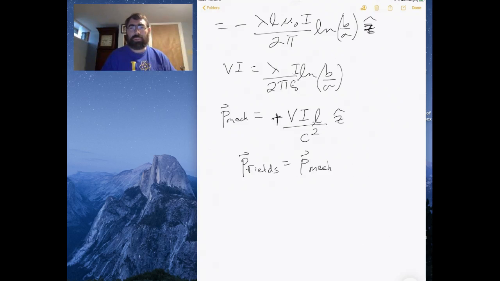The momentum we have in the fields has got to be transformed into something, and that something is the motion of the charges in the conductor. So if you put it all together, the picture is kind of self-contained. You can either say the motion of the charges stores up momentum in the fields, or if I have momentum in the fields, I can impart it to charges and have those charges move.